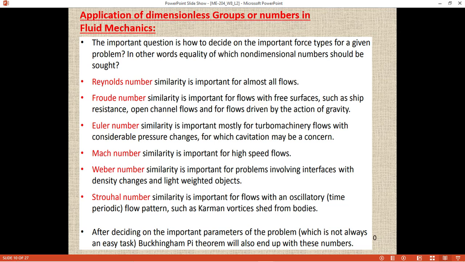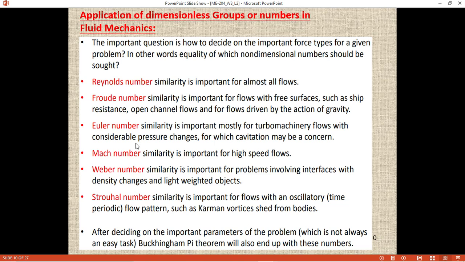And in the case of a ship, when the ship is sailing, it strikes a huge amount of water in the form of big waves, because that water has weight and tries to stop the ship from sailing. In that case we use the Froude number, because the Froude number is the ratio of inertia force to gravitational force.